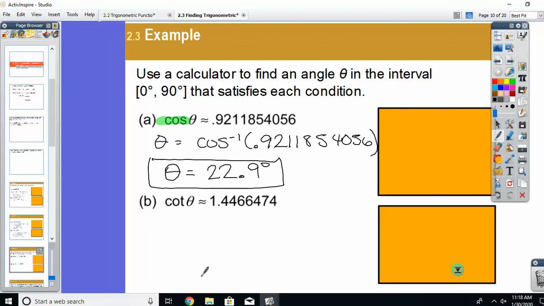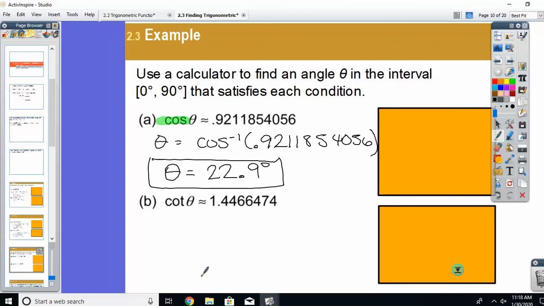Okay, the only tricky part on this is the problem like B. If we want an angle, we have to do an inverse. Is there a cotangent inverse button on your calculator? No. So before I do anything, I have to rewrite this in terms of a button that I do have on my calculator.